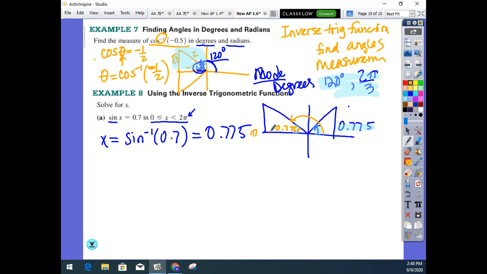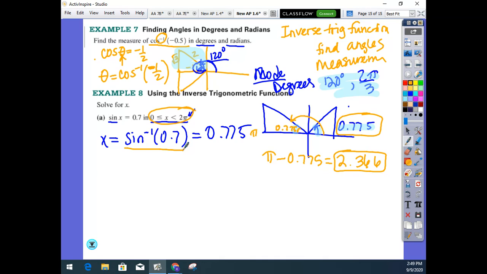I'm going to take pi and subtract the reference angle to get 2.366. So there are two answers between 0 and 2 pi that make this true.